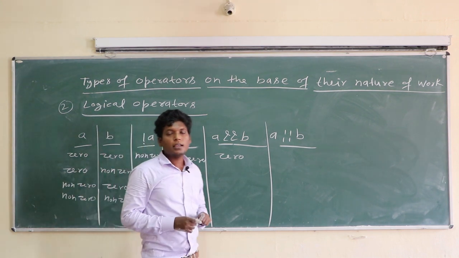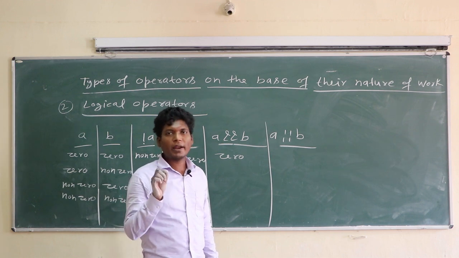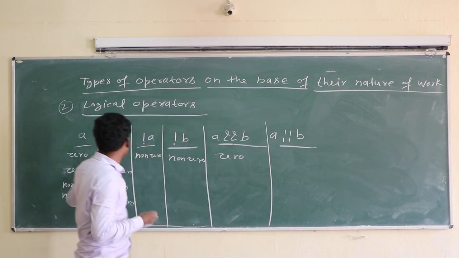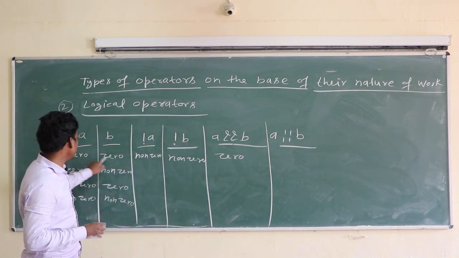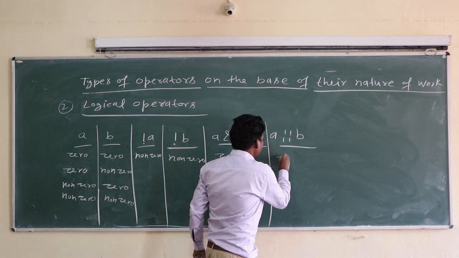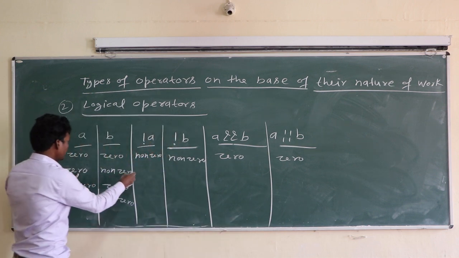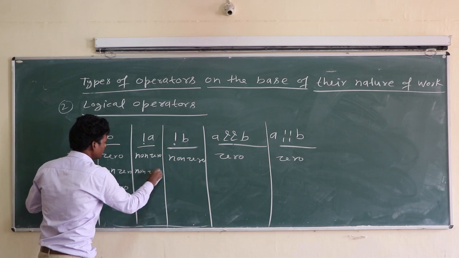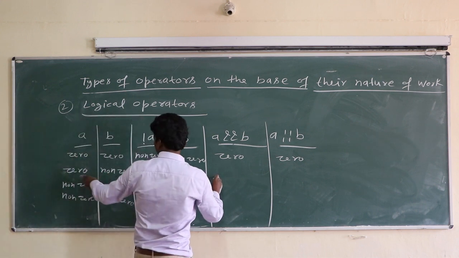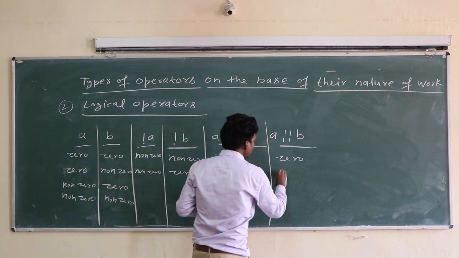Logical OR: if any operand is non-zero, then it makes the result non-zero. But here you can see 0, 0. So with the values 0 and 0, the logical OR makes it 0. For this case, 0 and non-zero, non-zero and 0, and 0 and non-zero, logical AND makes it 0 and this is non-zero.